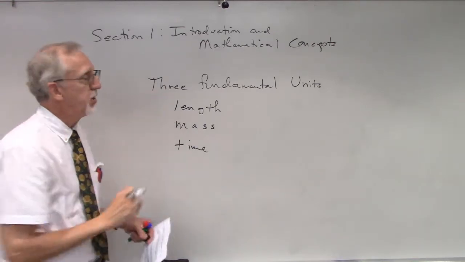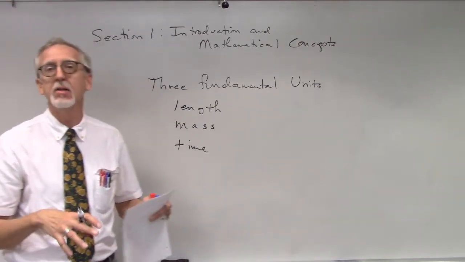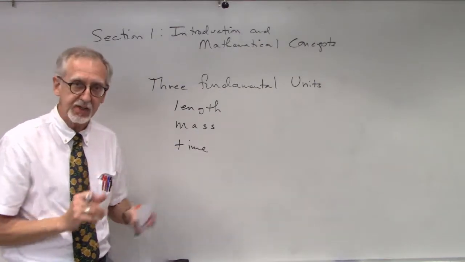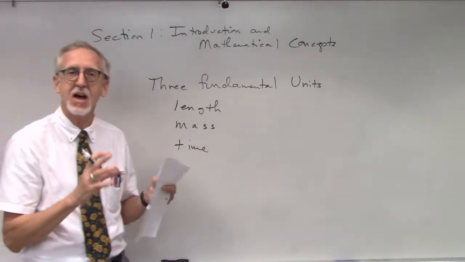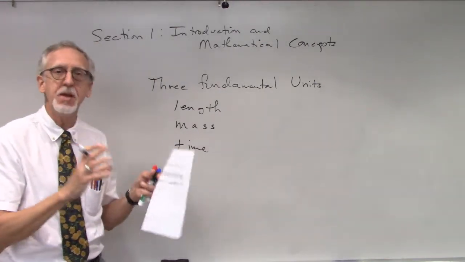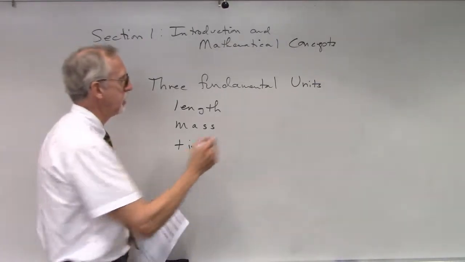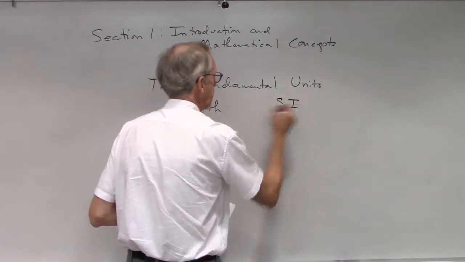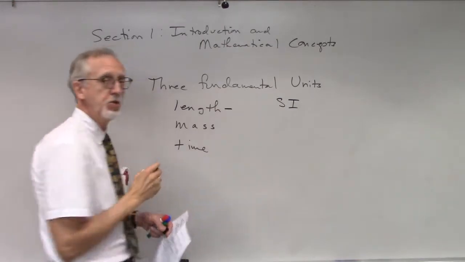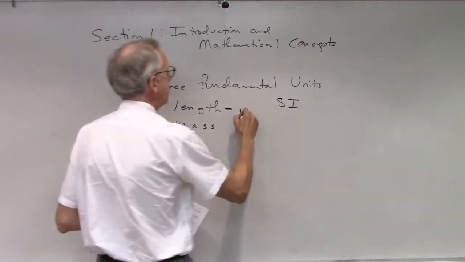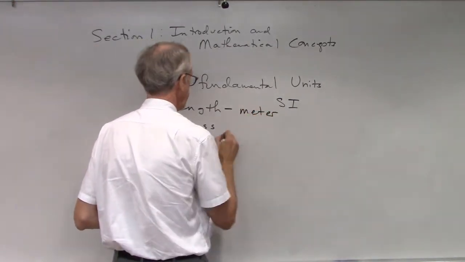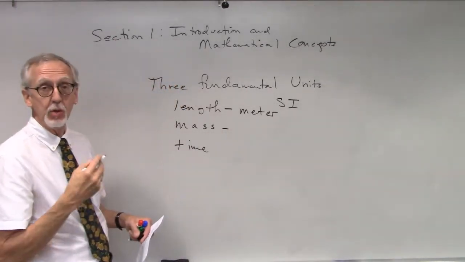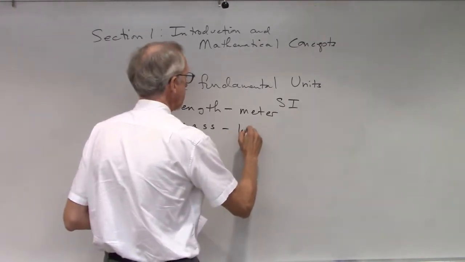The system of units that we will use is called the metric system. It's actually a subset of the metric system called the SI, which comes from the Système International, System of Units. In the SI system, the fundamental unit that we will use for length is the meter. For mass, it is the kilogram.